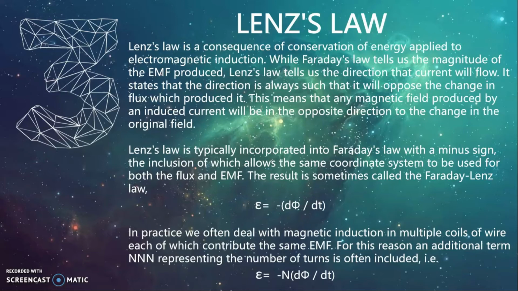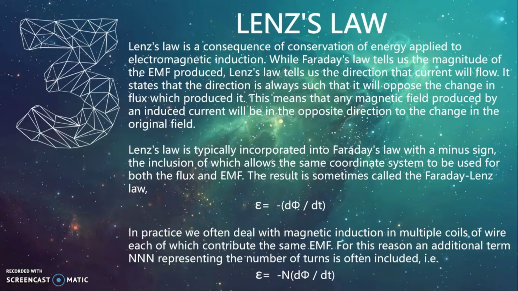Lenz's law is typically incorporated into Faraday's law with a minus sign, the inclusion of which allows the same coordinate system to be used for both flux and EMF. The result is sometimes called the Faraday-Lenz law, which is epsilon equal to negative dΦ over dt.